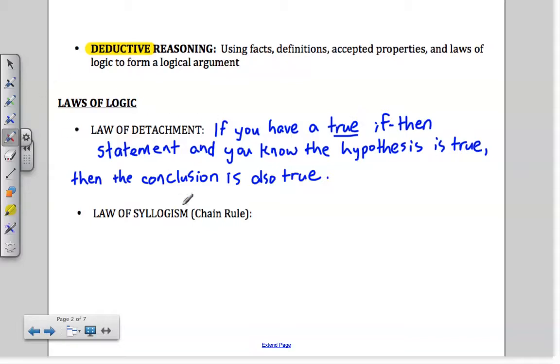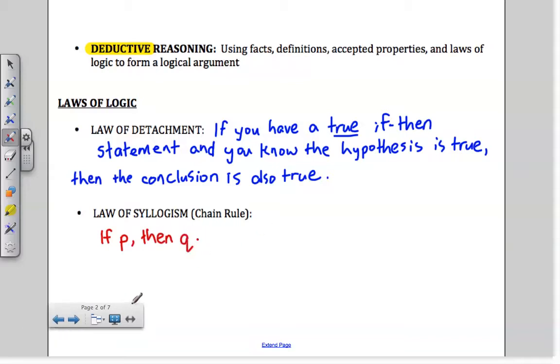Law of syllogism is also sometimes called the chain rule because it involves more than one statement. Let's say you have one if-then statement, and I'm just using variables here for the hypothesis and conclusion. So if P, then Q. If, I don't know, if it is raining, then there are clouds in the sky.